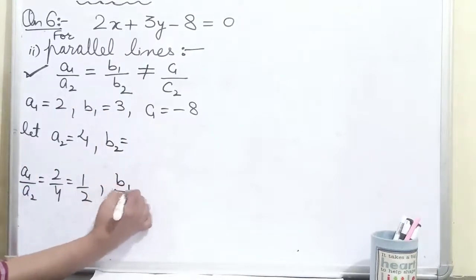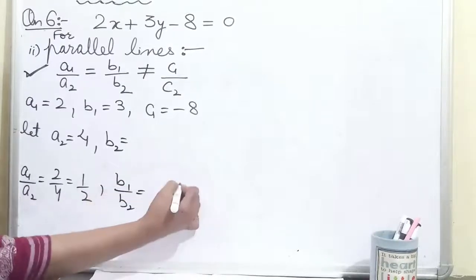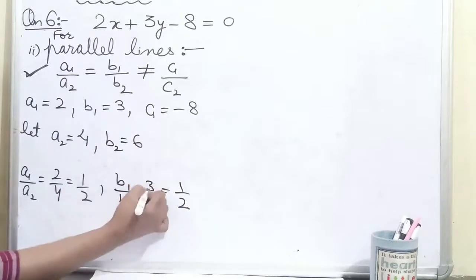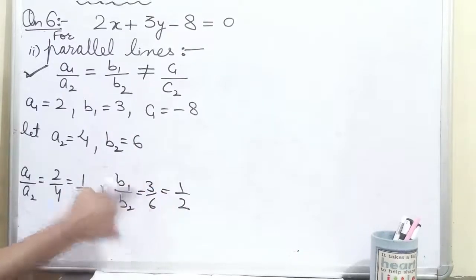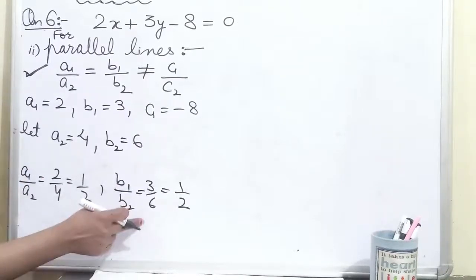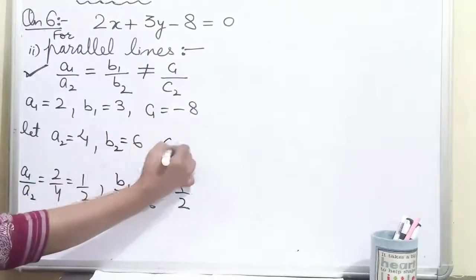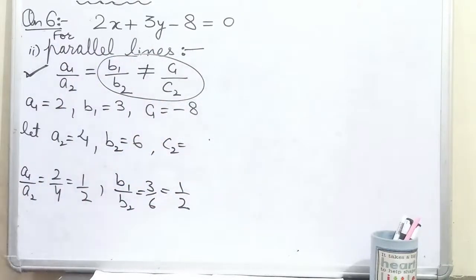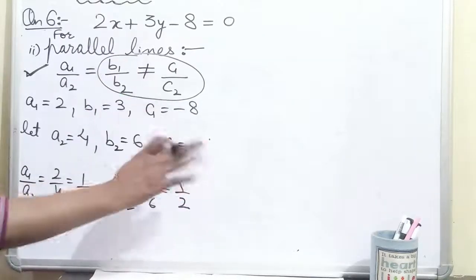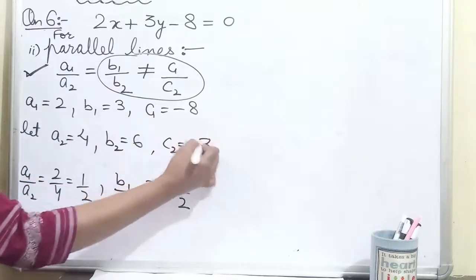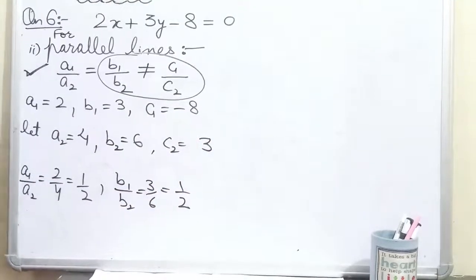Because we want it as 1 by 2, so it should be 6, and we can check the ratio: 3 twos are 6, so the ratio will be 1 by 2. Now we want to get C2 in such a way that its ratio should not be equal to this ratio. You can take any value, 3, 1, 5, so many values are there.